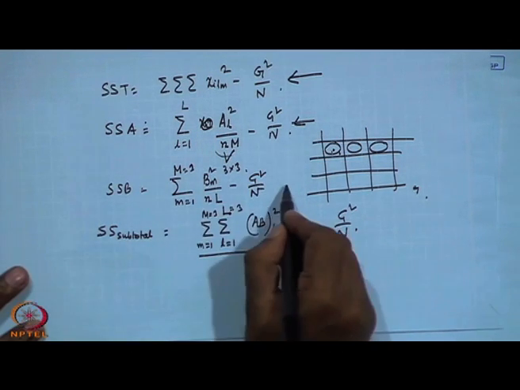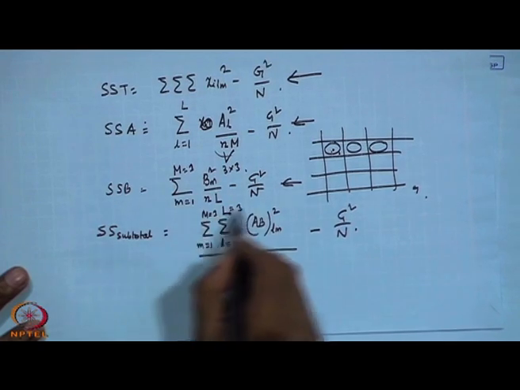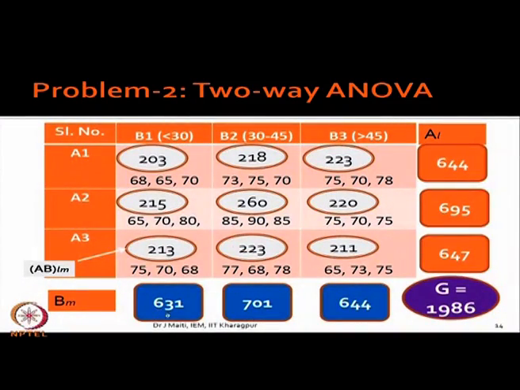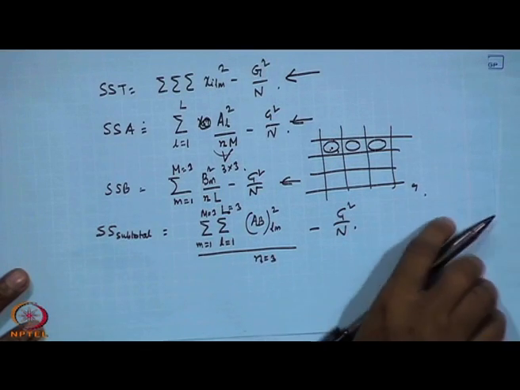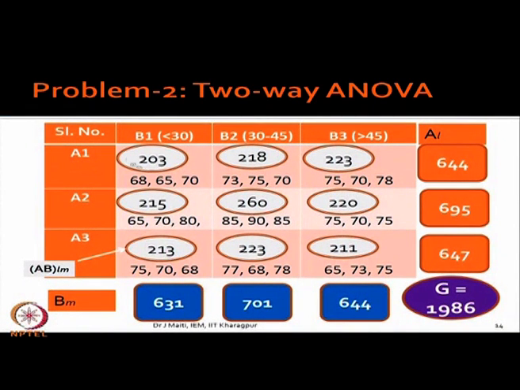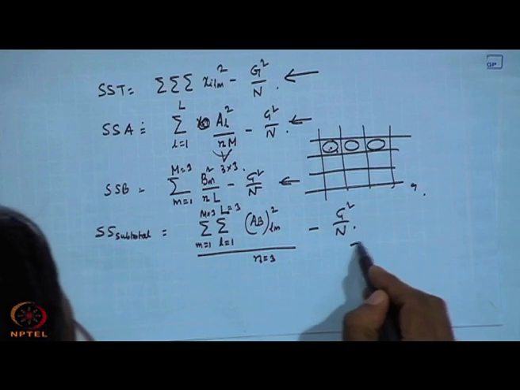Similarly, you will be doing this across columns. Just see across columns: 631, 701, 644. Okay. Now, subtotal means these AB_lm values: 203, 218, 223, 215 and so on. You square all of these, make the total, then divide by the number of observations in each.